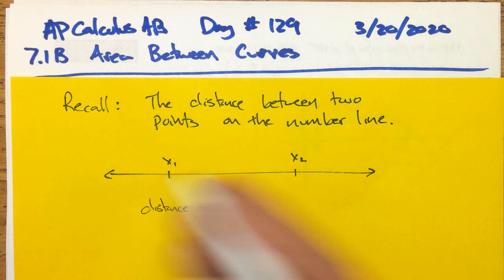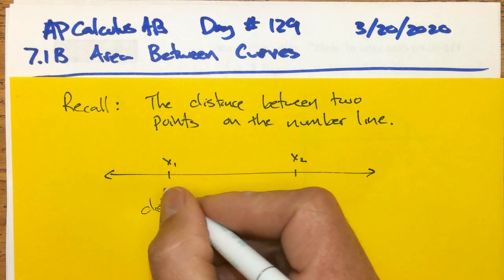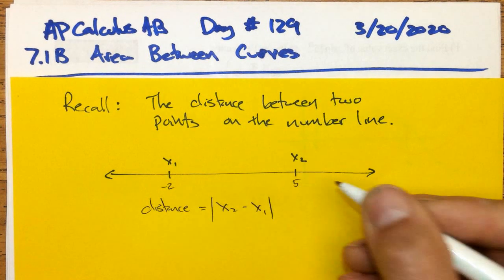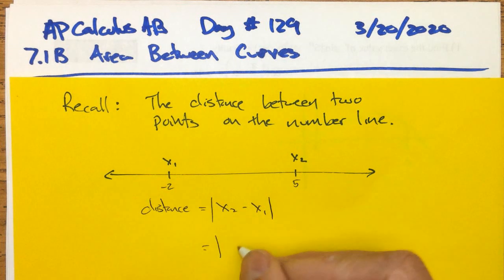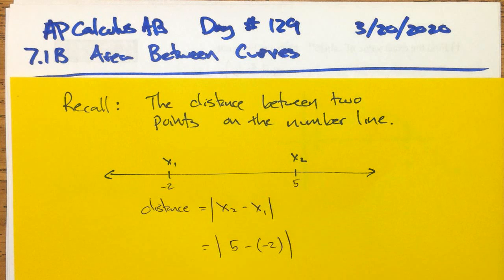Suppose you didn't know which one was bigger, so you always use an absolute value. If this one's at -2 and this one's at 5, then that equals the absolute value of 5 minus -2, which equals the absolute value of 7.